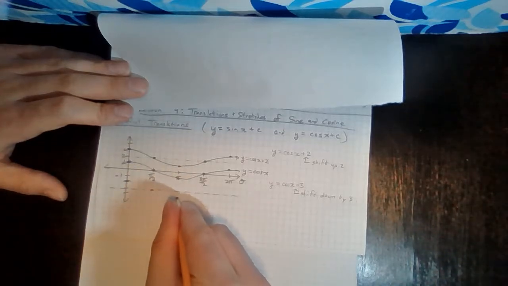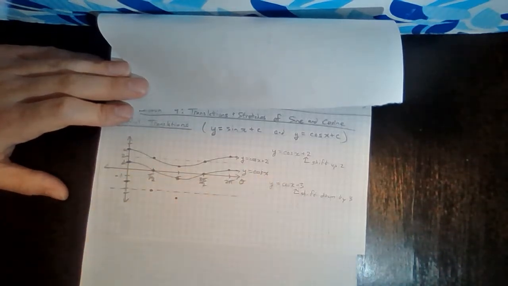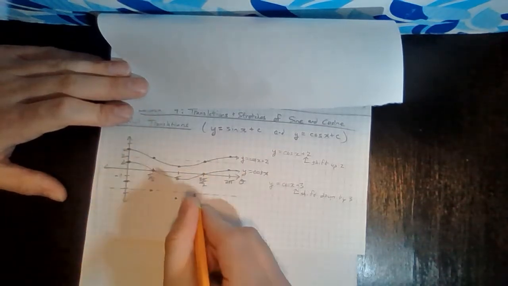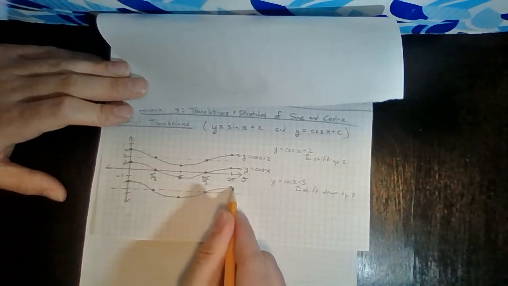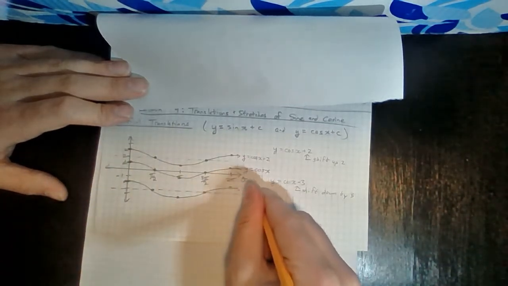Our amplitude stays the same at 1, so we go 1 below the axis, or 3 below our original point, back to our axis, back to our maximum value. So we get the same looking shape, just everything's shifted down by 3 units. That is y equals cos of x minus 3.